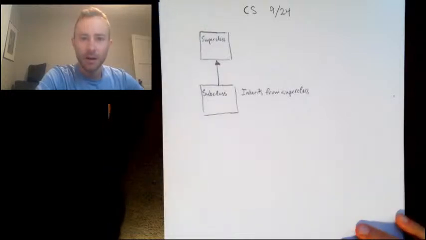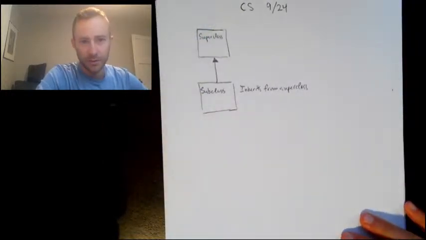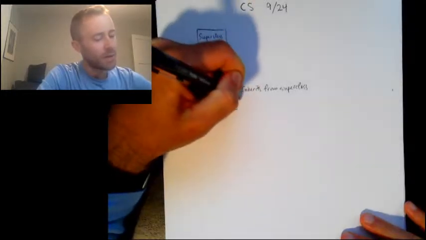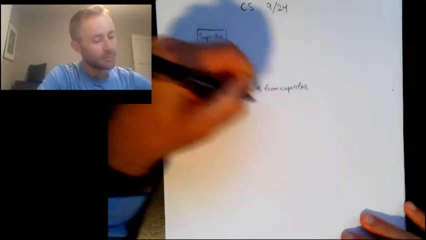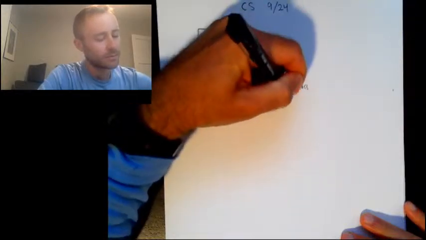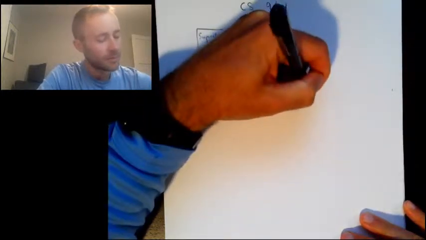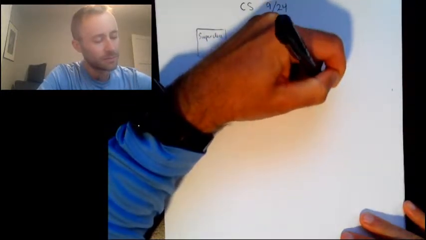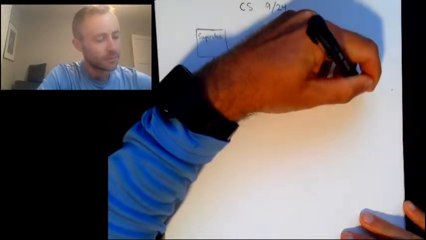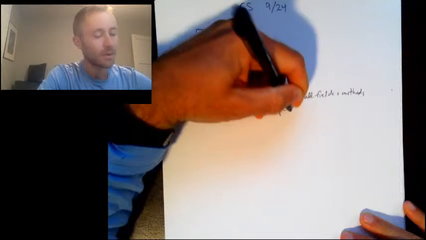So when a subclass inherits from a superclass, it automatically gets all the fields and methods of the superclass.